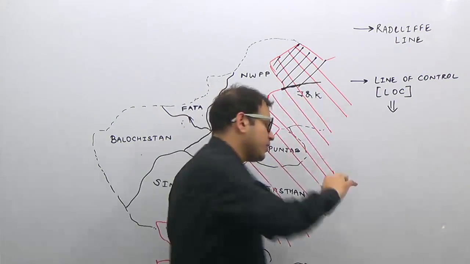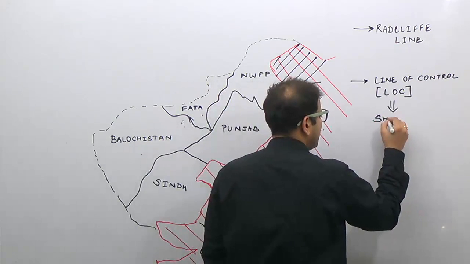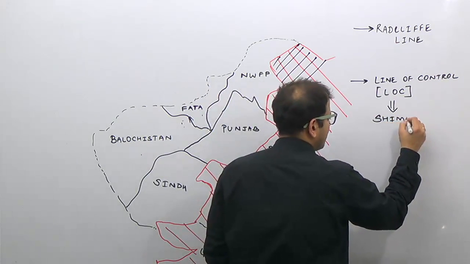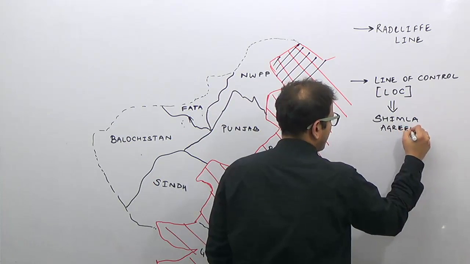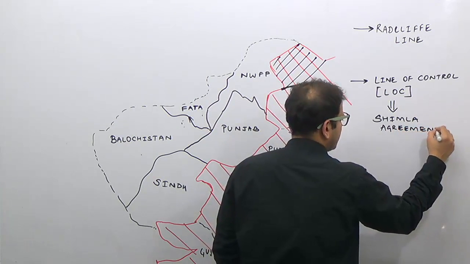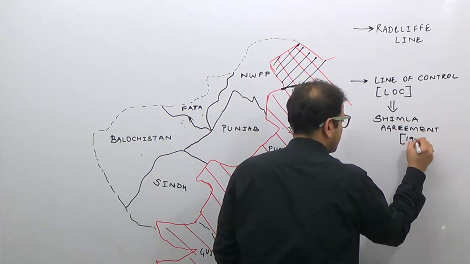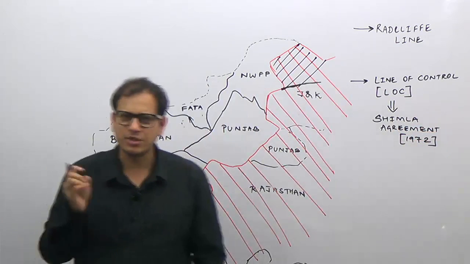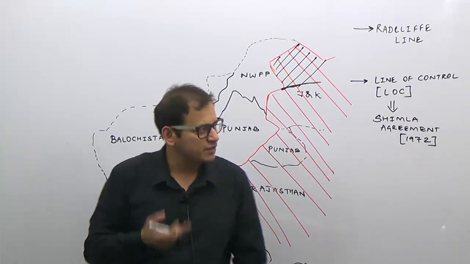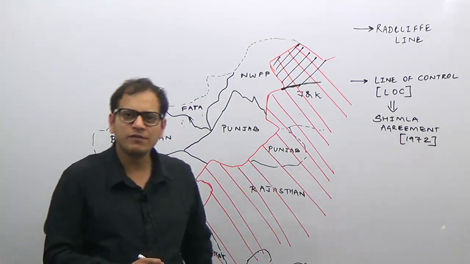Just giving a background, it was formed after the Shimla Agreement, demarcated after the Shimla Agreement in 1972. So in international relations, you must be reading continuously about the Shimla Agreement of 1972. It demarcated the Line of Control.